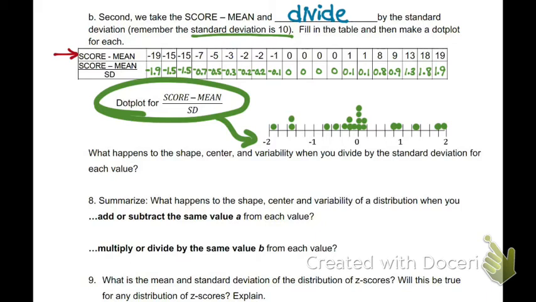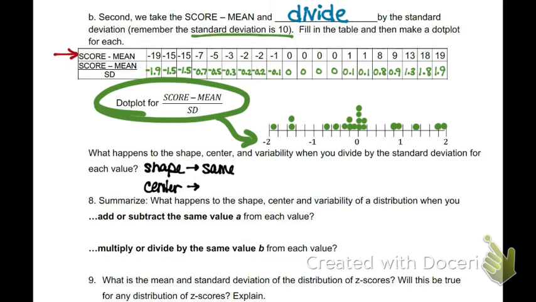As I'm describing what happened to the shape, center, and variability when we divided, so I'm comparing this to the score minus mean, what we did in red up above. My shape stayed the same. My center stayed the same. The center is still where?